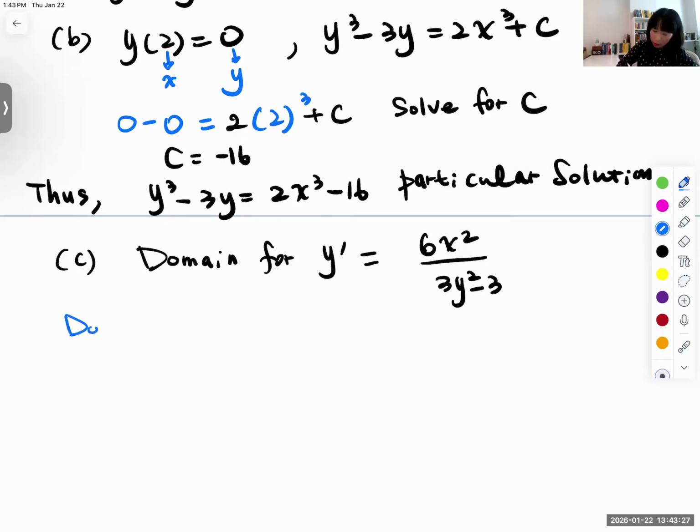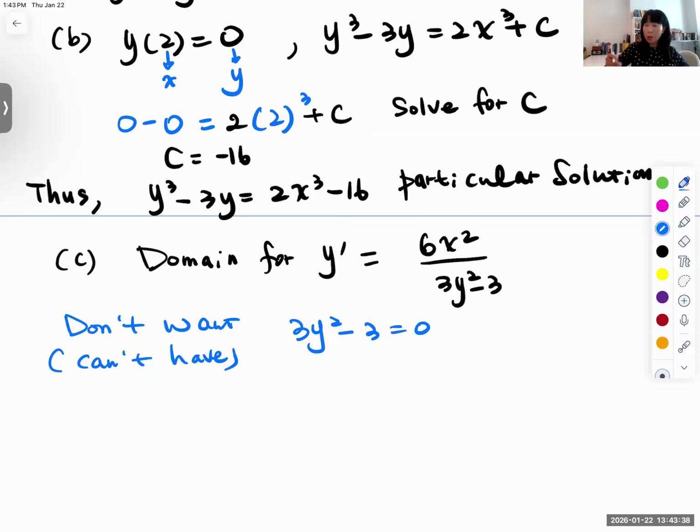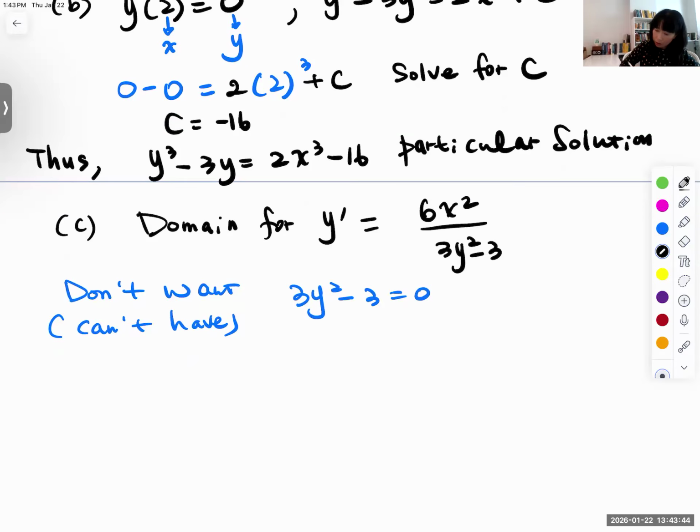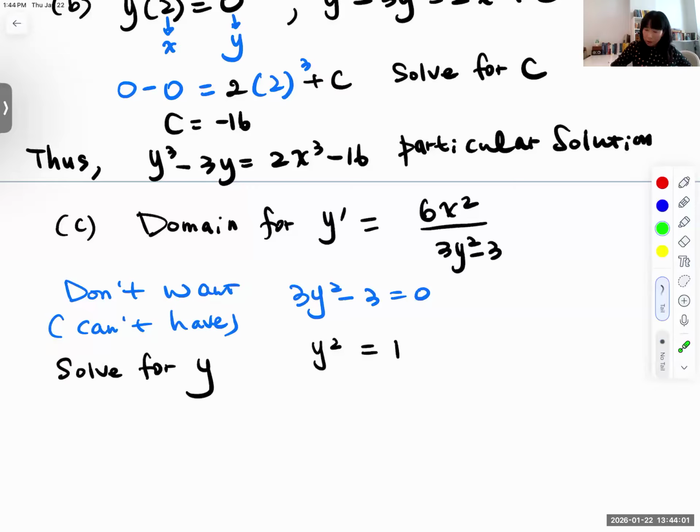So, okay. 3y squared minus 3 equal to 0. Now we want to solve for y. So we don't want that, right? So solve for y. Okay, so that would be y squared equal to 1. Yeah. Okay. Then, what is y? Y equal to plus minus 1.